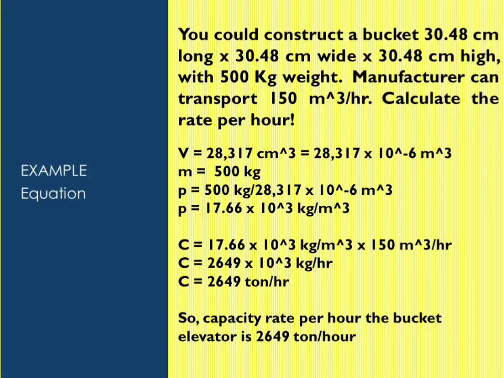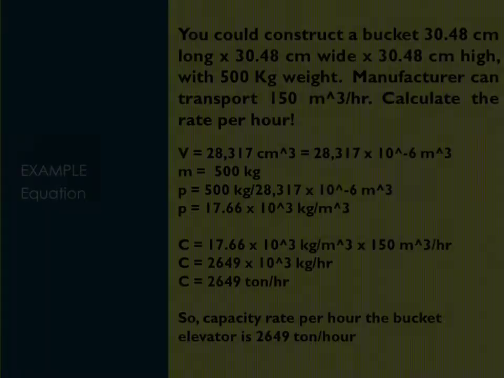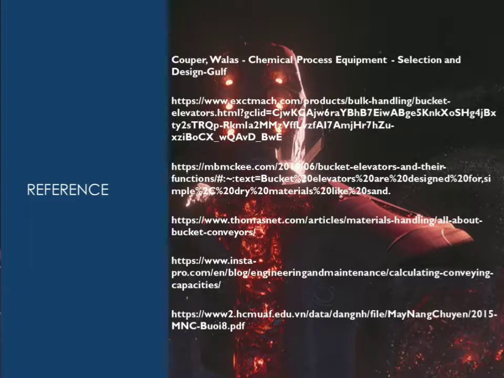We can get the density, 17.66 times 10 cubed kilograms per cubic meter. And then we calculate the rate per hour, or capacity, with the result 2649 times 10 cubed kilograms per hour, or 2649 tons per hour.